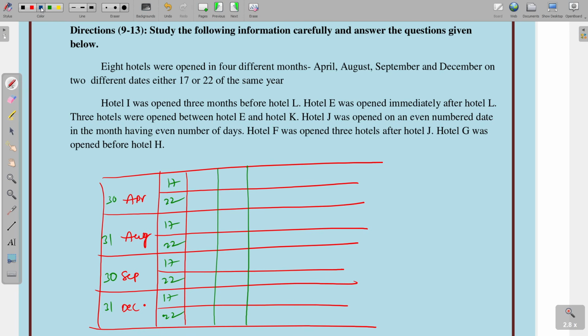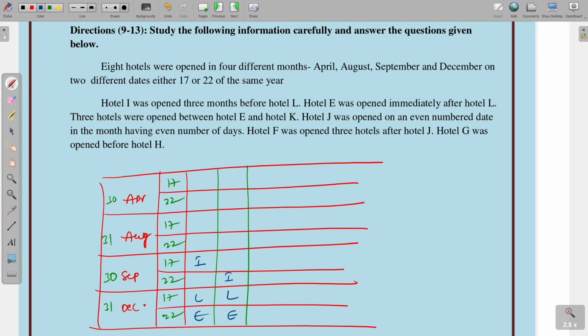Starting from Hotel I was opened 3 months before Hotel L. Hotel E was opened immediately after L. So I was opened 3 months before L. See here September and December, between both there is a gap of 3 months. Suppose I is placed here, and next E is placed here, after L. E was opened immediately after L. So E is placed here.